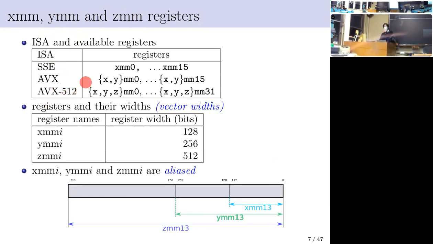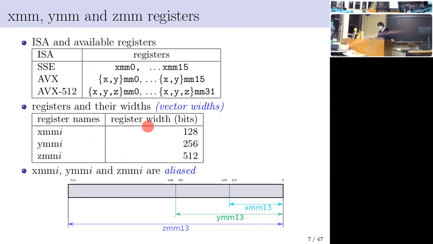They need to be named differently because their sizes are different, right? XMM has only 128 bits. YMM has 256 bits. ZMM has 512 bits. So on processors supporting AVX512, all these register names are available.